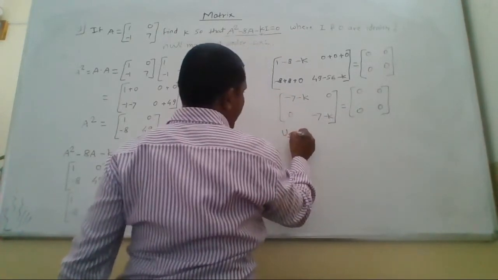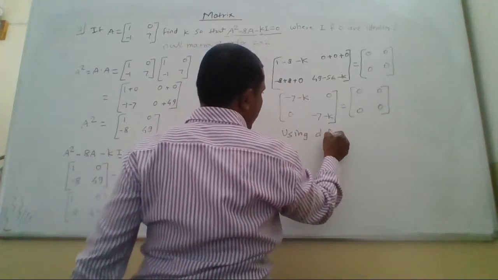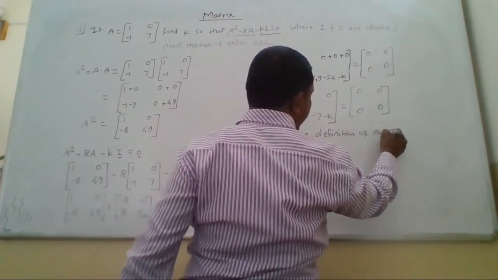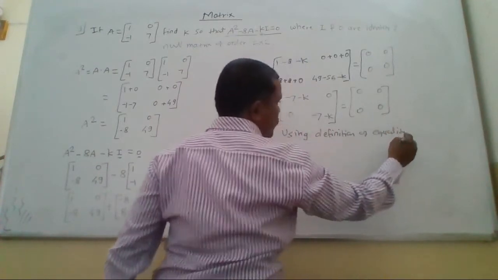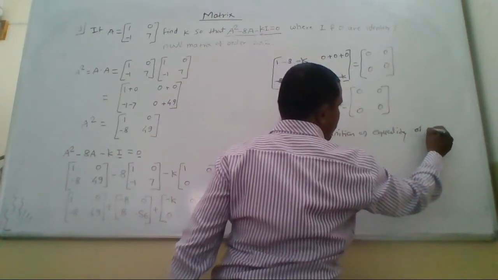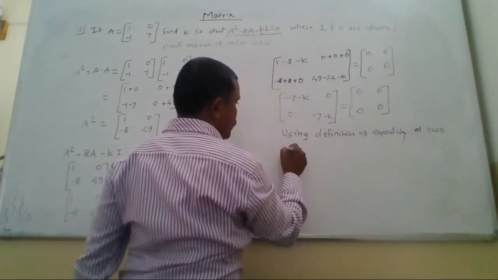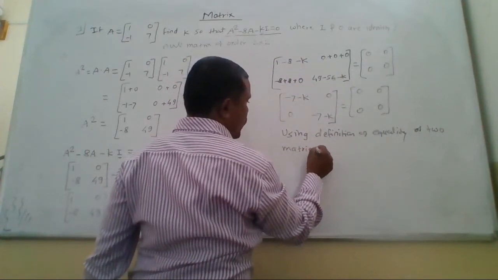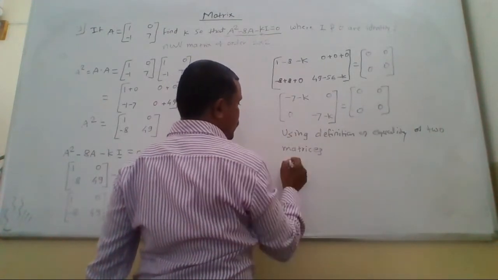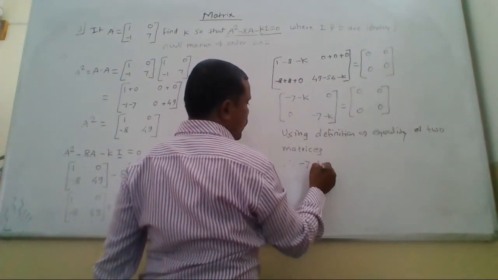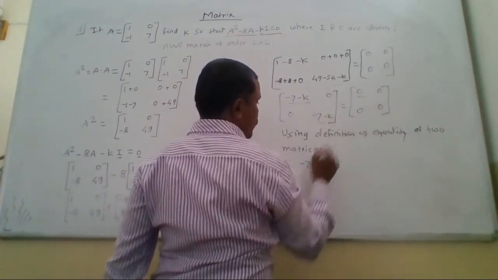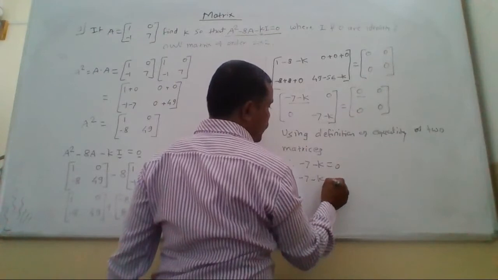So using the definition of equality of two matrices, the left side matrix is equal to the right side matrix. Therefore minus 7 minus K equal to 0, and again minus 7 minus K equal to 0.